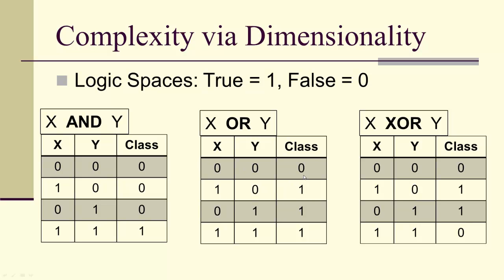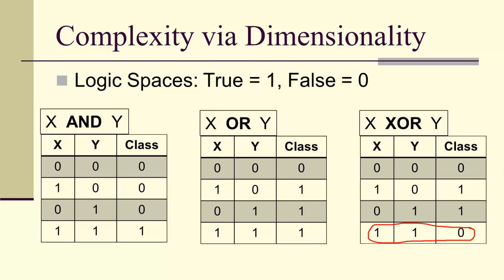And so there we get the OR data set. Now the XOR data set is like the OR, except that we're going to exclude the possibility of both being true by saying that that is also false. So this is the XOR class.